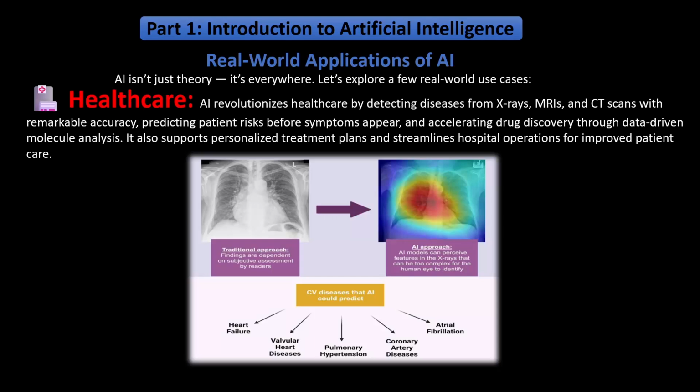But in the AI approach, AI models can perceive features of X-ray images that can be too complex for the human eye to identify. Right? AI also accelerates drug discovery through data-driven molecule analysis. It supports medicine and treatment recommendations, plans and suggestions, and it streamlines hospital operations for improved patient care.